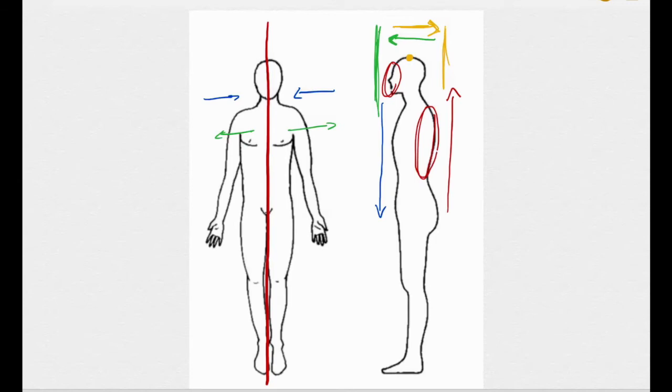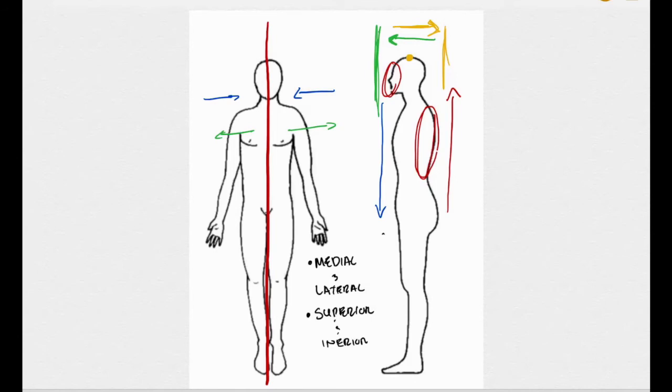So let me quickly write out those terms because I didn't write them out as I was explaining them. So remember we have medial and lateral, and their reference is the mid-sagittal plane. We have superior and inferior, and their reference point is the vertex.